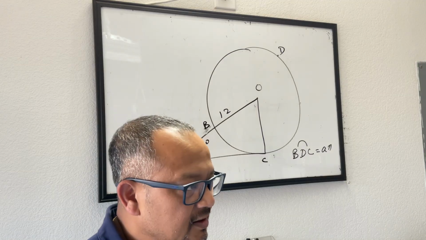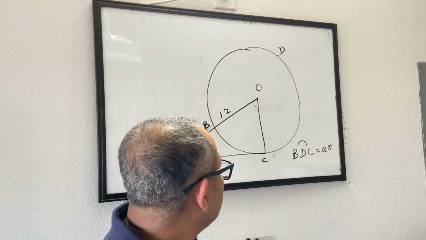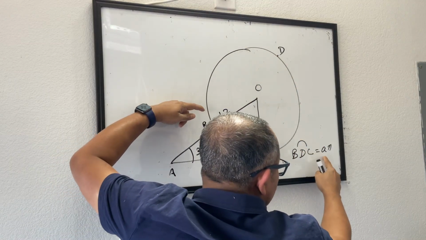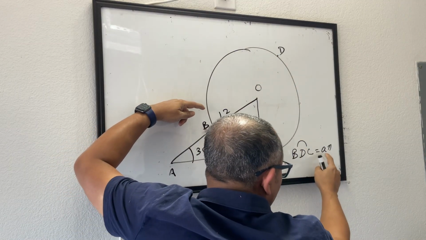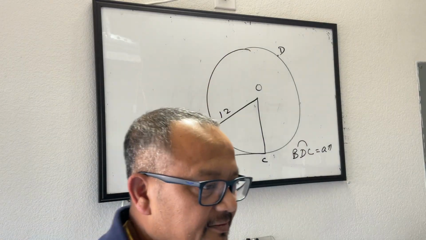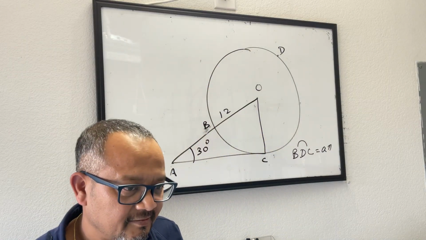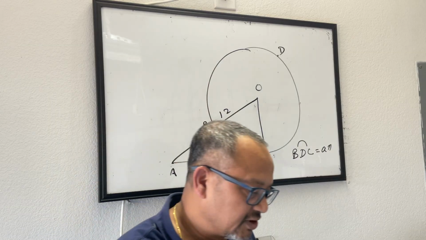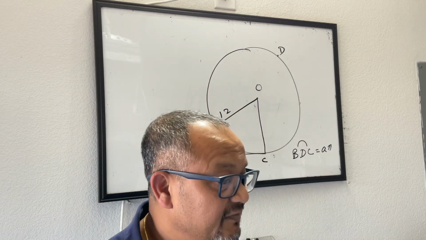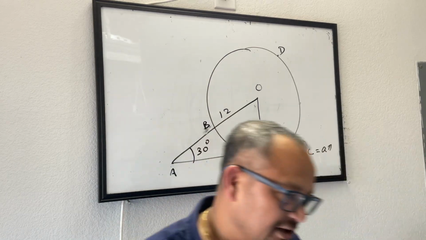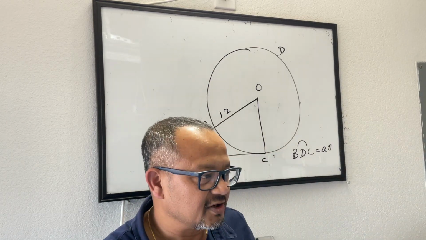It's called the major arc BDC and its value given is A times pi. You have to find out the value of A. And this question is not meant for scaring anybody. This is a very interesting question, okay? It will exploit all the concepts that we know about geometry and trigonometry to some extent.